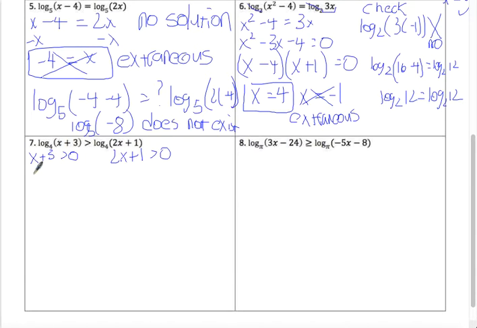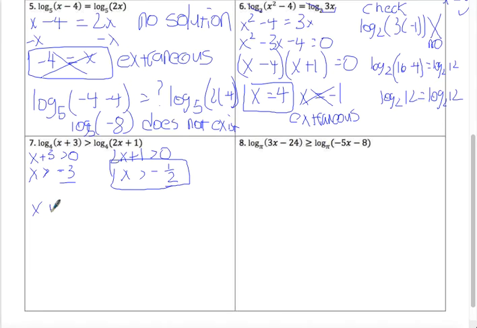So we start right away by saying x must be greater than -3, and x must be greater than -1/2. Now, since -1/2 is greater than -3, really I just have to use this fact. x has to be greater than -1/2. If it's greater than -1/2, it's also greater than -3.